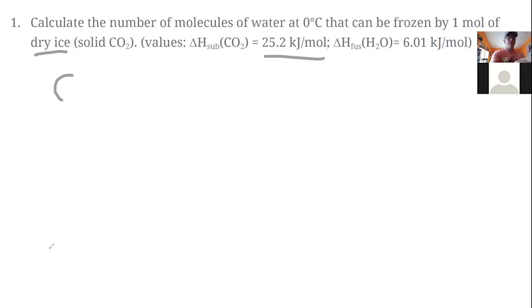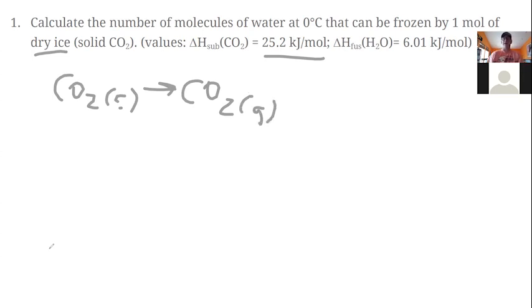So as carbon dioxide goes from a solid to a gas, it takes that as a positive 25.2 kilojoules per mole. So what that means is it takes 25.2 kilojoules per mole out of the surroundings. So the surroundings go down by 25.2 kilojoules per mole. And so we've basically lost 25.2 kilojoules per mole. That means, what does delta H fusion of water, what does that mean?